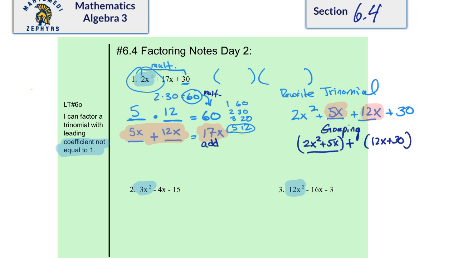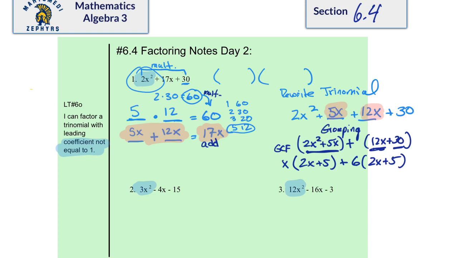I can focus just on this group and pull out a greatest common factor. So this one, I can only pull an x out of both. And over here, however, I can pull out a 6. Make sure it's the greatest common factor.